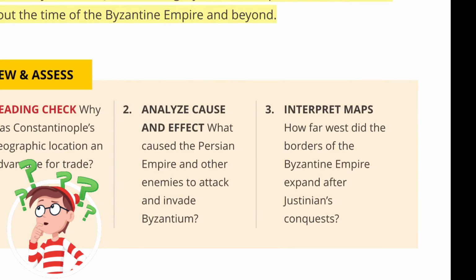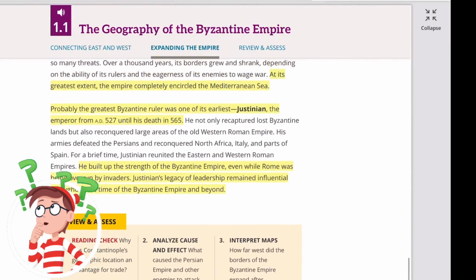And number 3, interpret maps: How far west did the borders of the Byzantine Empire expand after Justinian's conquest? So you will look at the map, whether here in the video that I just presented in this recorded lesson, or you can go to your book to find the answer.